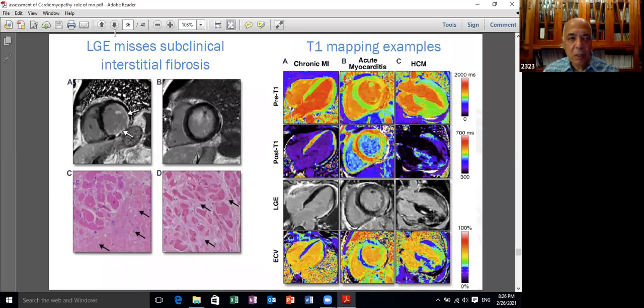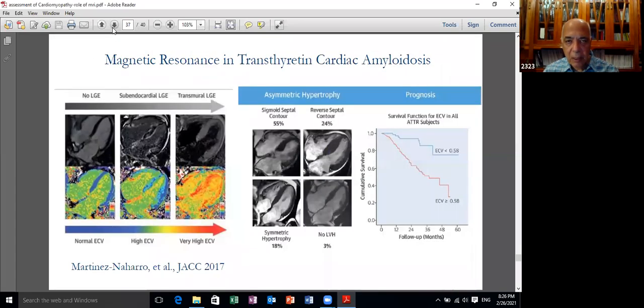And this is extremely helpful in identifying these forms of fibrosis, which are commonly encountered in hypertrophic cardiomyopathy, in acute myocarditis, as well as in chronic myocardial infarction. But again, an important finding is that transthyretin amyloidosis produces basal and patchy, not circumferential, diffuse infiltration. So this diffuse infiltration is usually detected by mapping.